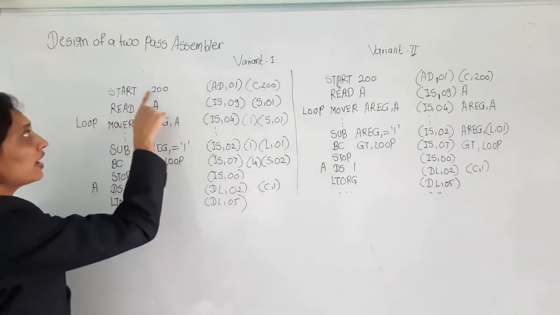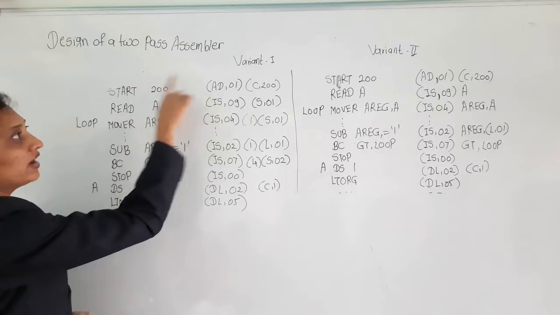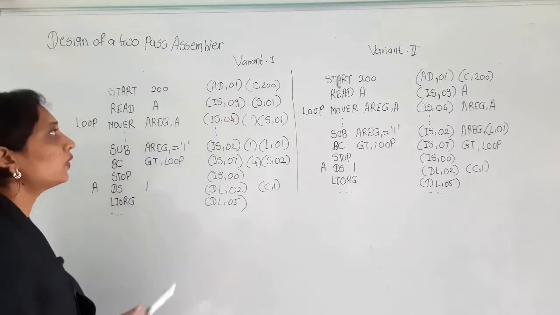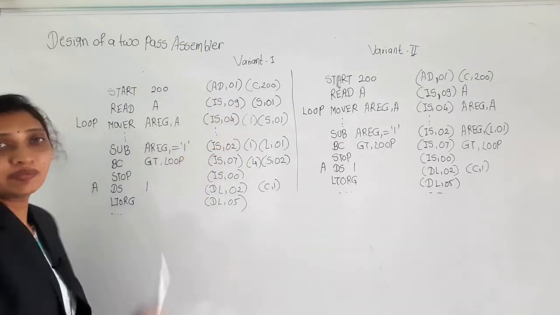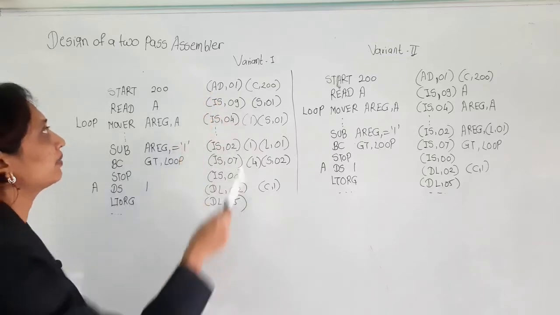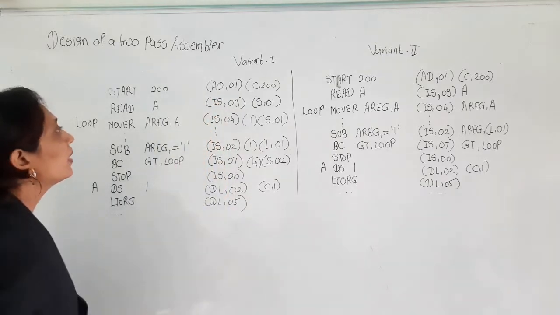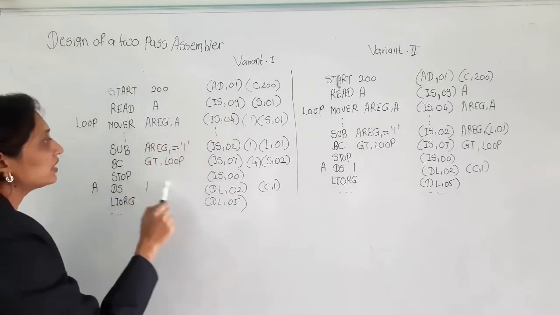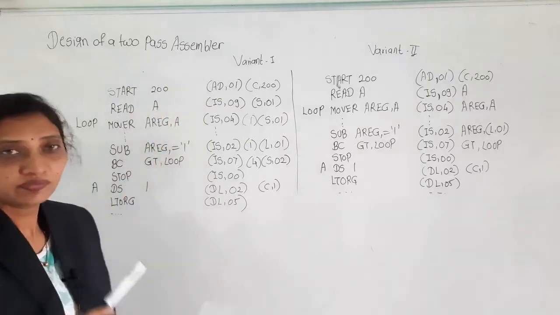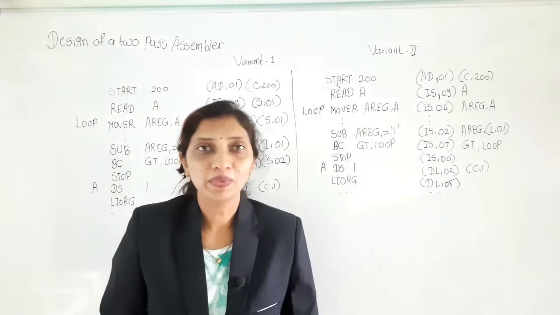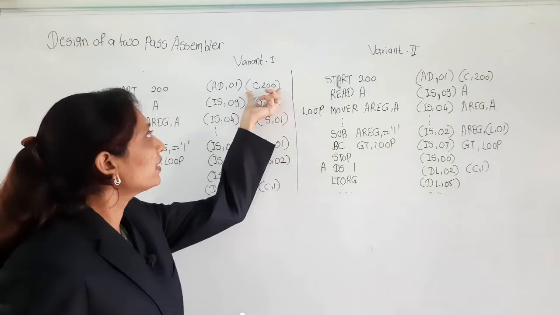So here for START 200 we use the code 01, and the type of statement is assembler directive. Now after that, if we consider the operand field, to represent the operand, again a pair is used.